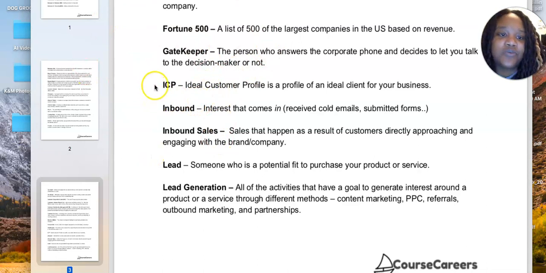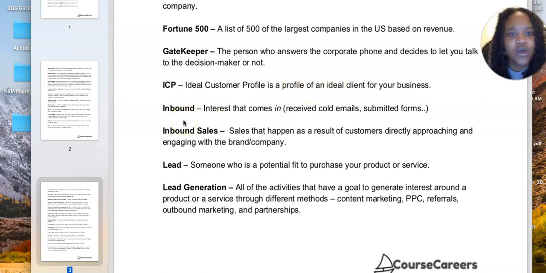Okay, next we have an ICP, which is an ideal customer profile. It is a profile of an ideal client for your business. So you need to know, let's say, for example, I work at a hosting company.